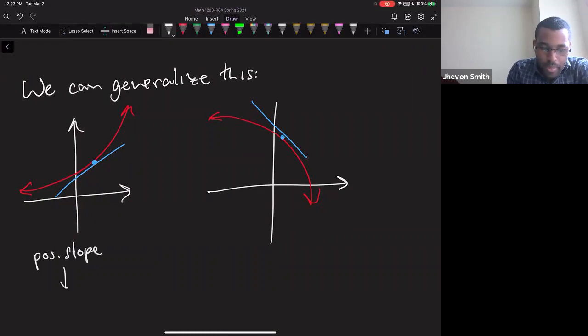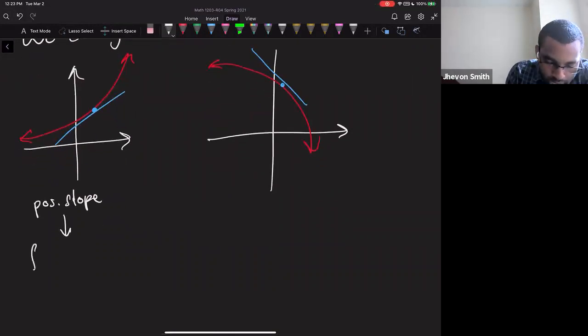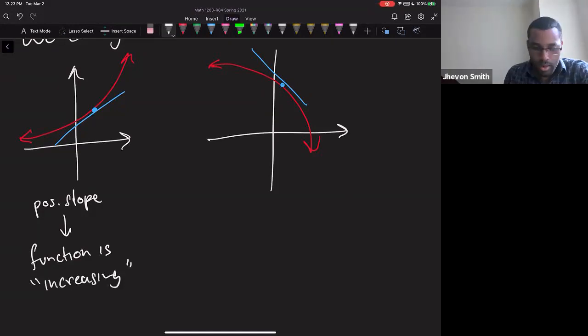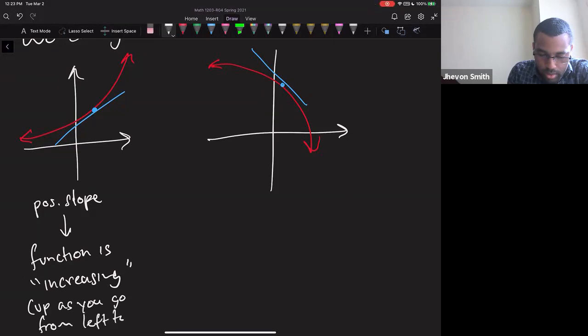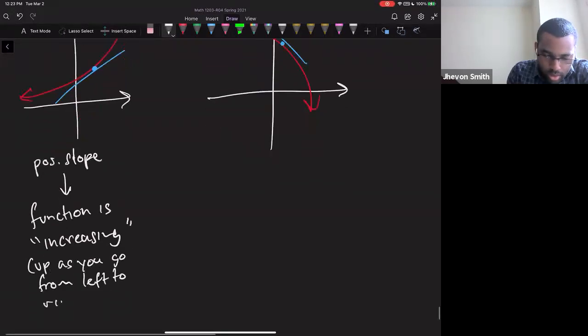One thing I want to point out to you here is, note here, positive slope. What that means is the function is going up as you move from left to right. We call this increasing. And here you have negative slope.